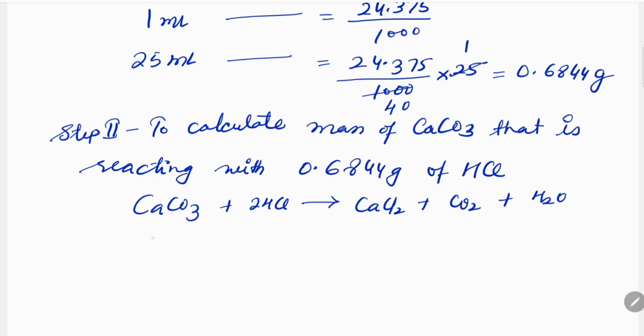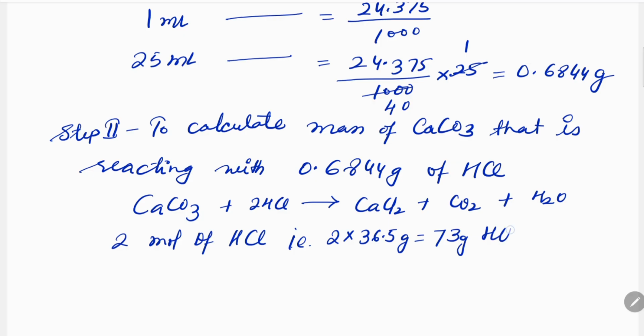Alright. So over here from this particular reaction we get to know that 2 moles of HCl, that is 2 multiplied by 36.5 gram, which is going to be around 73 gram of HCl, reacts completely with 1 mole of calcium carbonate. If we calculate the mass of calcium carbonate, 40 plus 12 plus 3 multiplied by 16, it comes out to be around 100 gram.